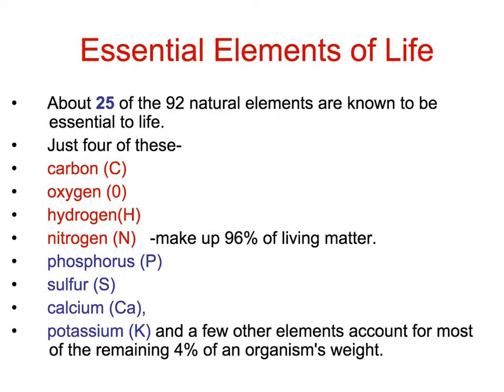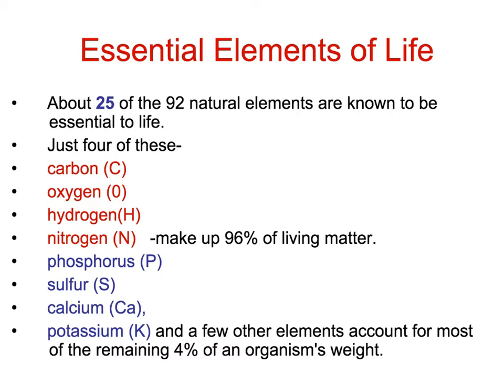Well, there are some essential elements of life. You know the elements from the periodic table, and 35 of the natural elements are known to be essential to life. They are mostly found in living organisms.